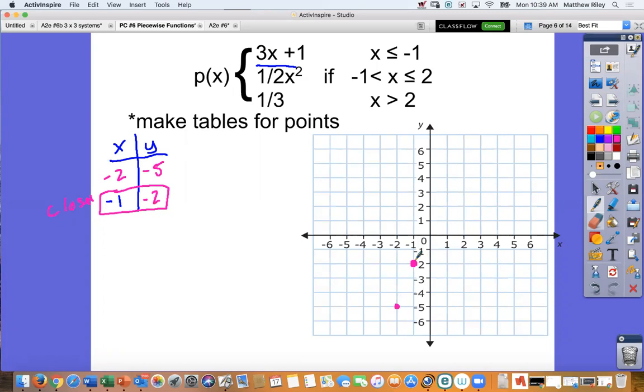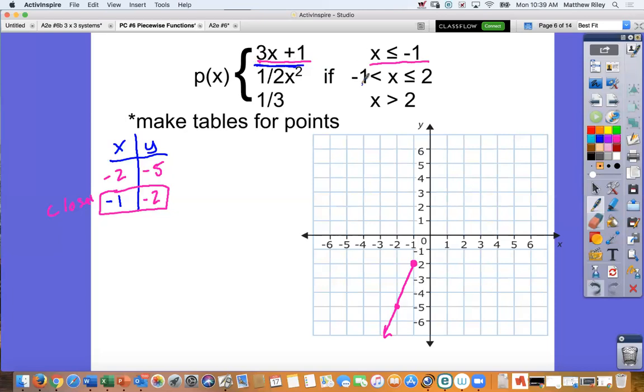So that's a hard stop right here. Ah, that's a terrible line. So it's going to look like this. Any questions? So I'm going to underline that in pink. The next one I'll do in blue.